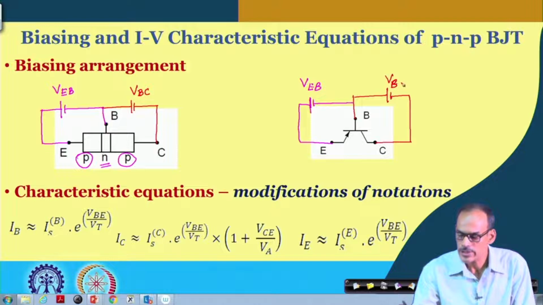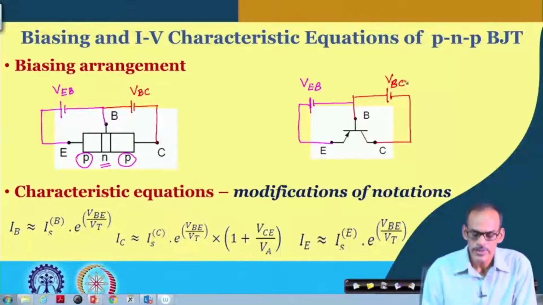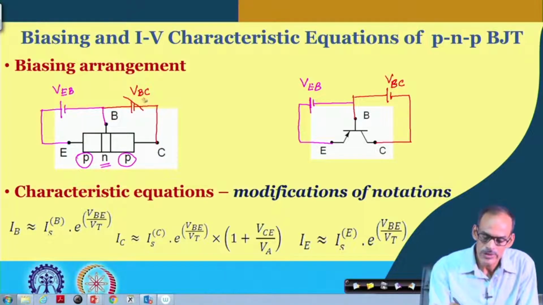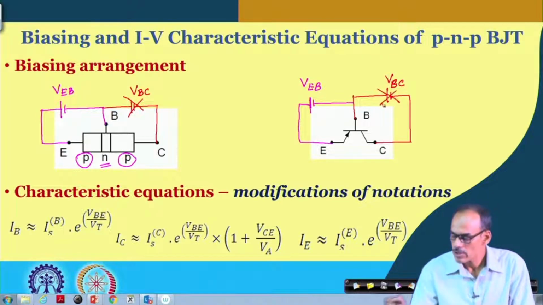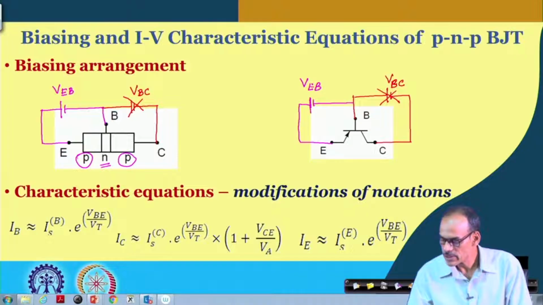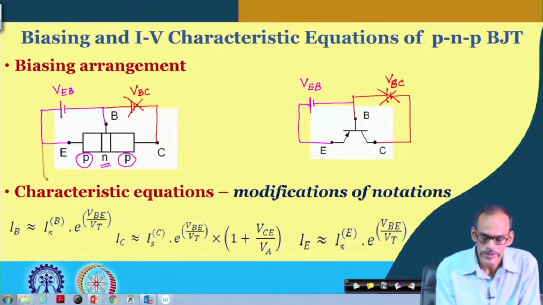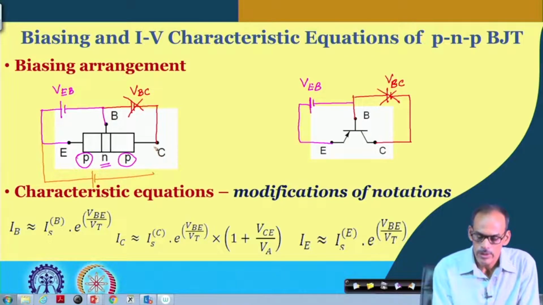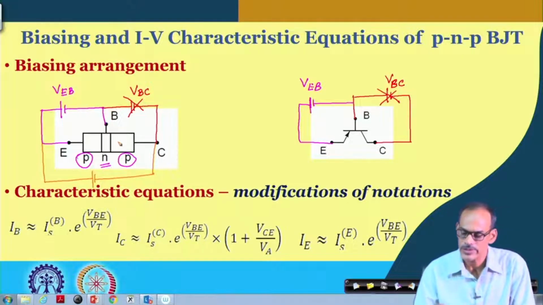VBC is ensuring the second junction is in reverse bias. And similar to the previous case, instead of using this convention, probably we can use the bias elsewhere, namely with respect to the emitter. If the collector is made sufficiently negative with respect to the emitter, that ensures the second junction, the base to collector junction, is in reverse bias condition.